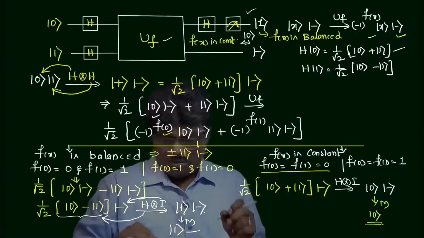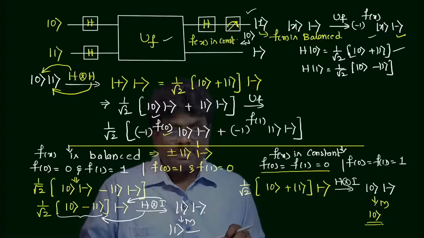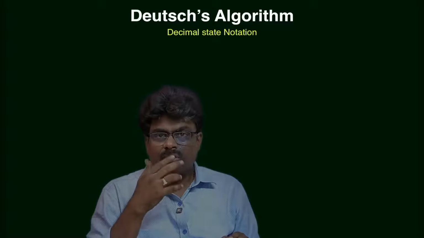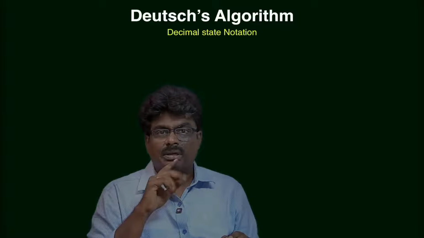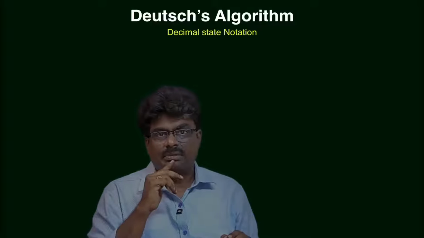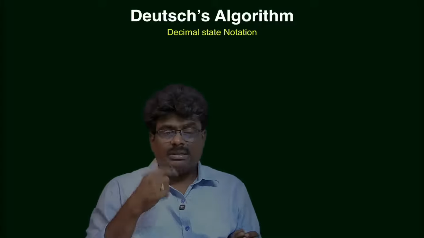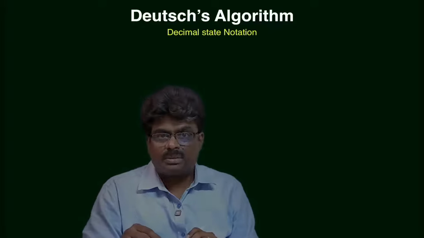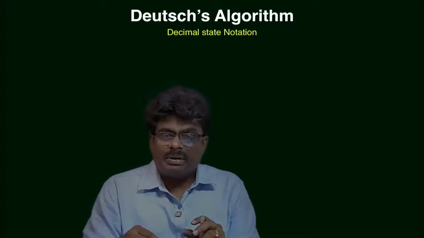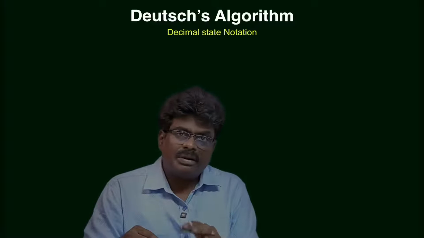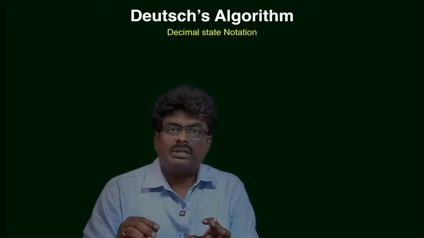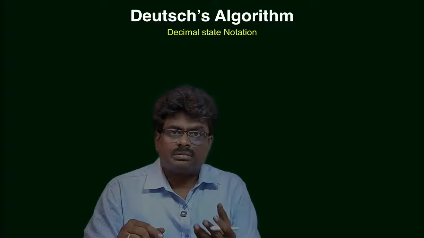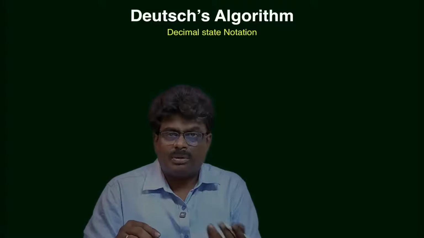Okay, so let me take that. Here we are going to solve this Deutsch algorithm circuit by using the decimal state notation. I feel that is a little bit easier way to solve any quantum circuit. Let me explain briefly, but the detail I have already explained in a video, solving any quantum circuit by using a new approach.